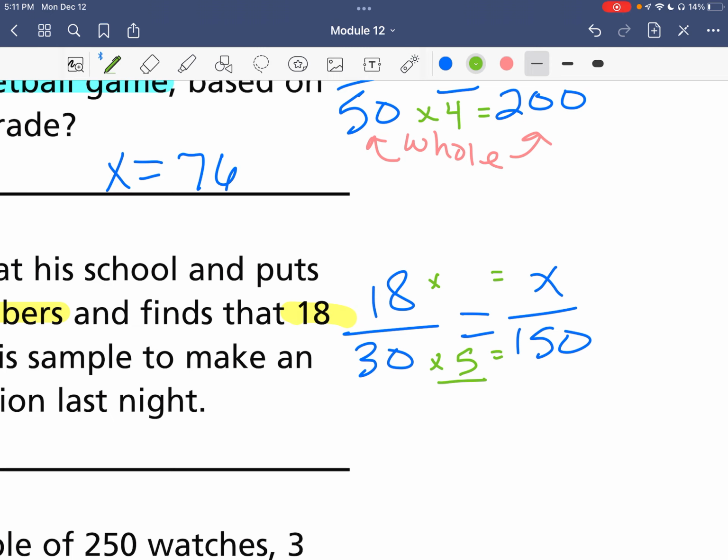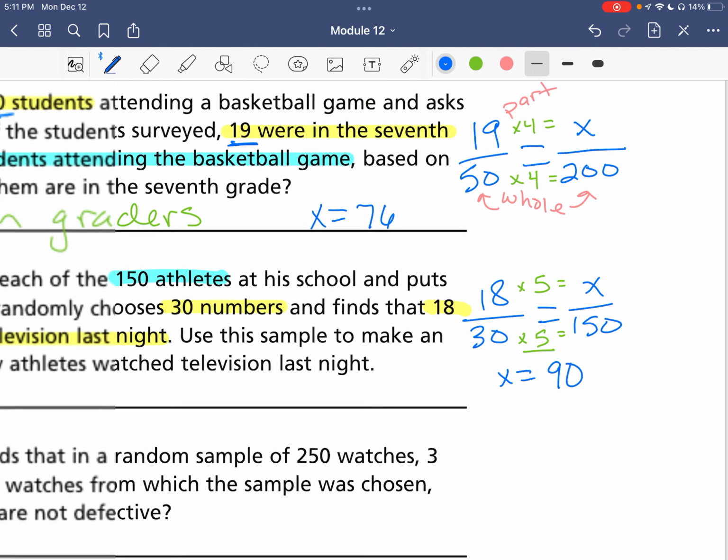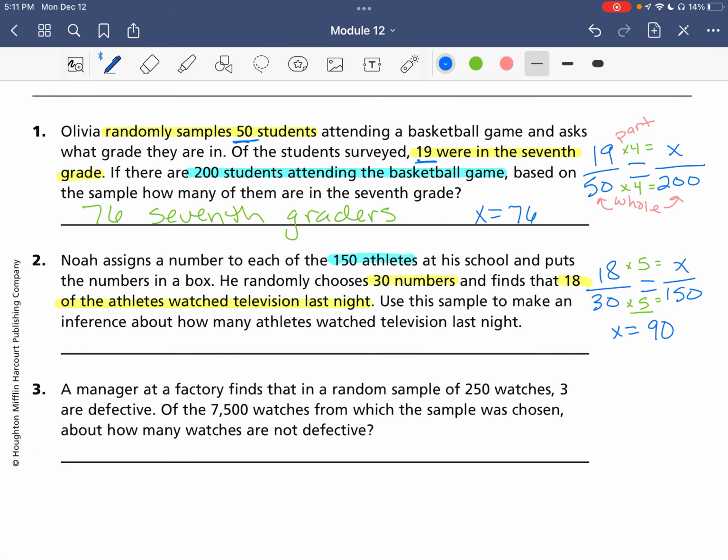And what you do to the bottom, you gotta do to the top. So that means x equals 90. Now to put this into a sentence, that's gonna mean 90 athletes watched TV.